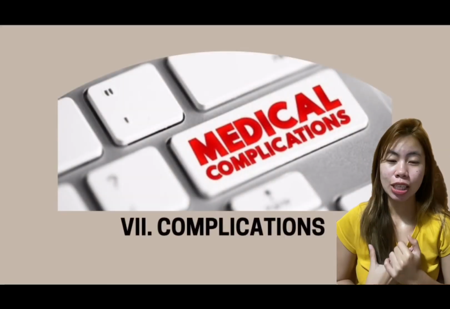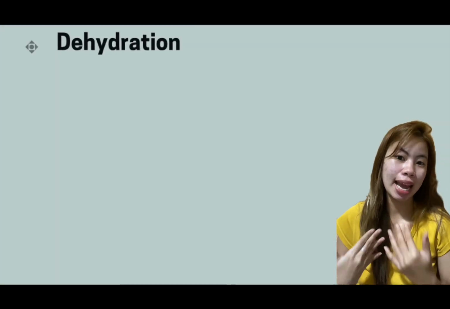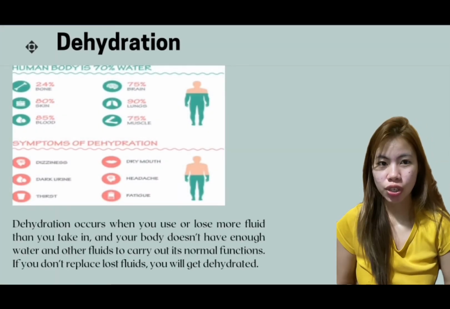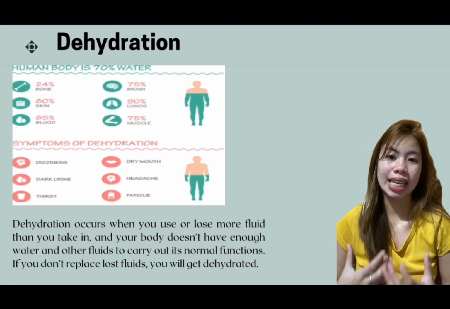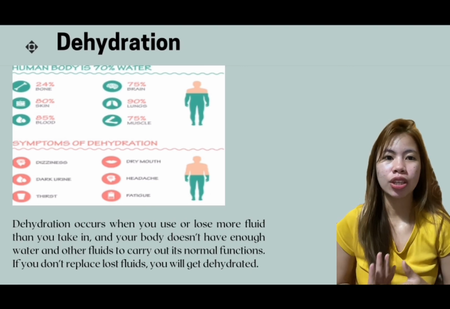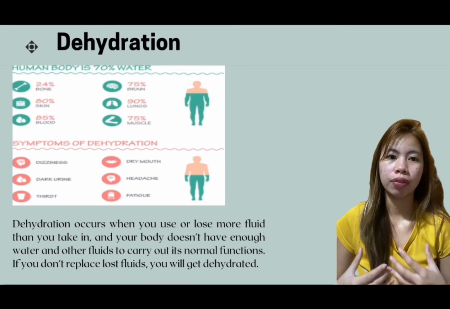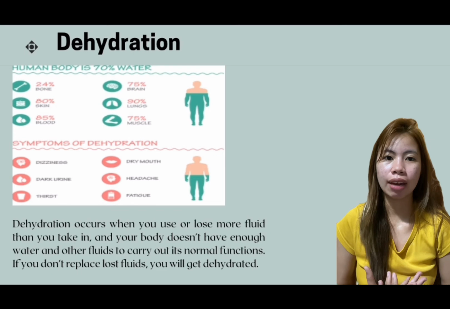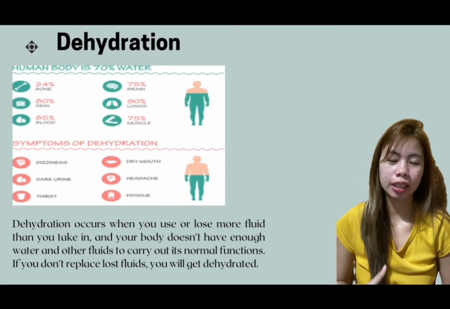So this is the last part, which is complications. Complications may include dehydration. Dehydration occurs when you use or lose more fluid than you take in, and your body doesn't have enough water and other fluids to carry out its normal function. So if you don't replace lost fluids, you will get dehydrated.